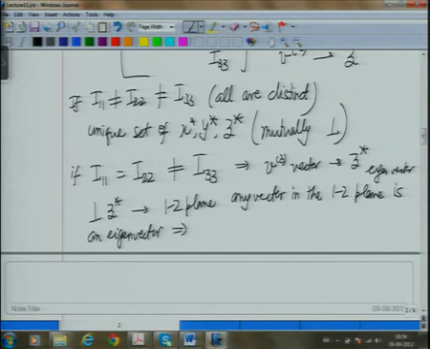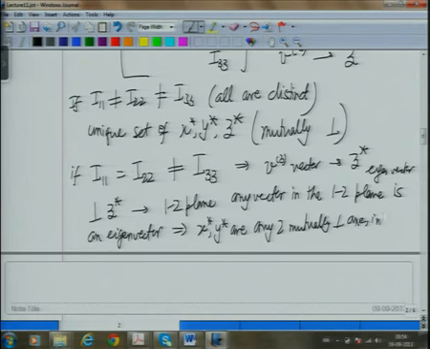So what this implies is, if any vector in the 1, 2 plane is an eigenvector, that means x star, y star are any two mutually perpendicular axes in the 1, 2 plane. So therefore now the uniqueness has been taken away. It could be anything in this 1, 2 plane. Is that clear? I am trying to make it as physical as possible, and probably you are trying to get some physical meaning to the maths which you have studied in your maths course.